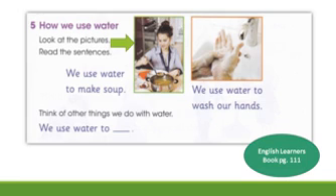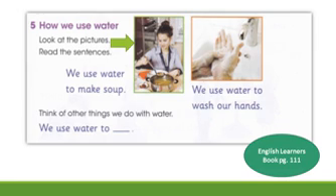What is inside the pot? Read after me. We use water to make soup. So the lady or the girl is making soup. Again, let's read the sentence. We use water to make soup.